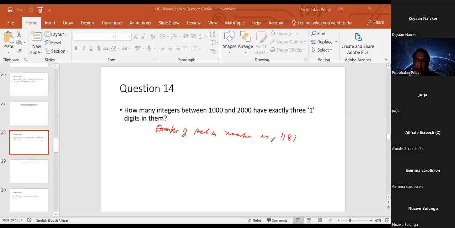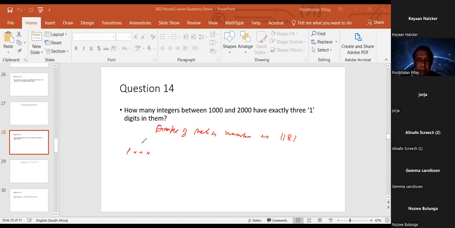All right, so you need to find how many of them have got exactly 3 ones. Now all these numbers look like this. They start with 1, and then you've got 3 other digits, right? They must start with 1 because they are between 1000 and 2000.